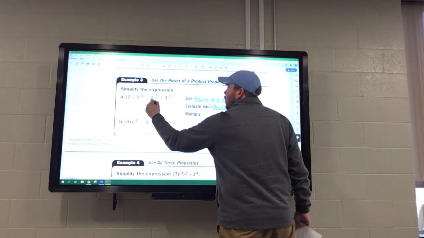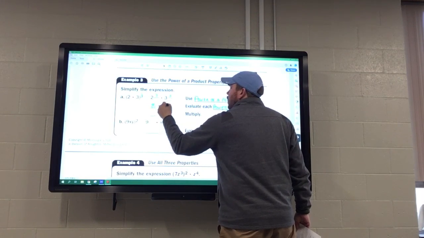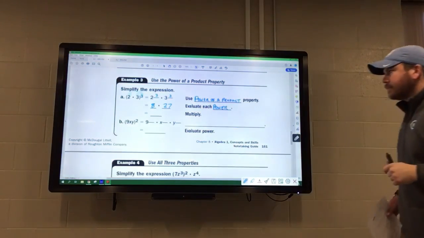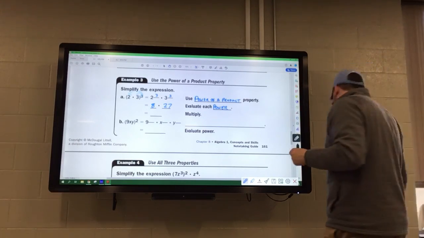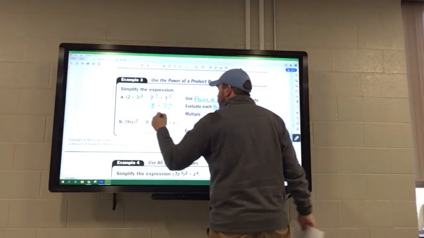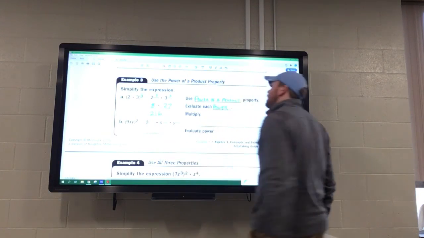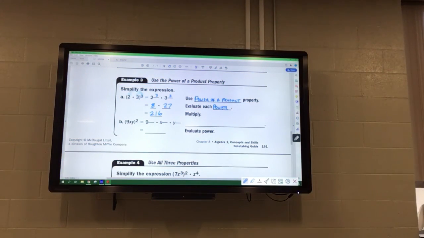So 2 to the third power is 8. 3 to the third power is 27. Find those by using your calculator. And then 8 times 27 is 216. So our final answer would be 216.